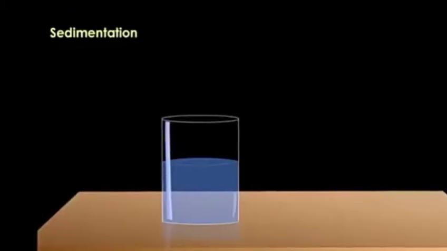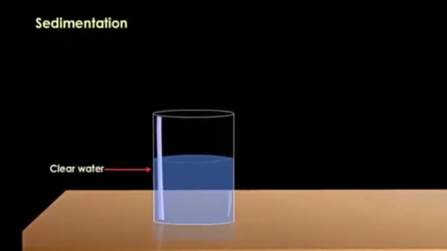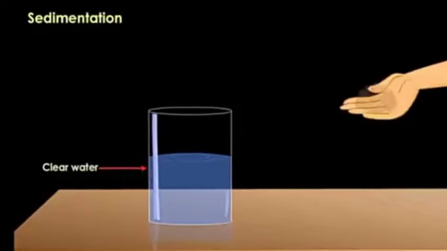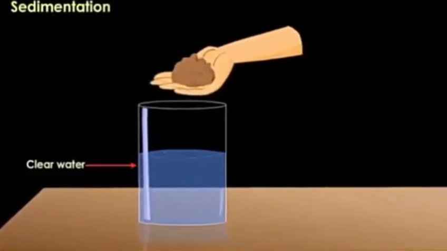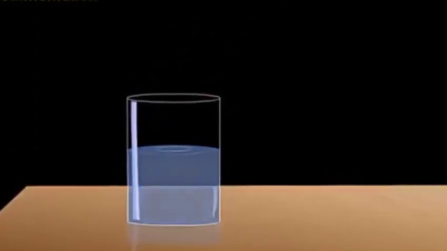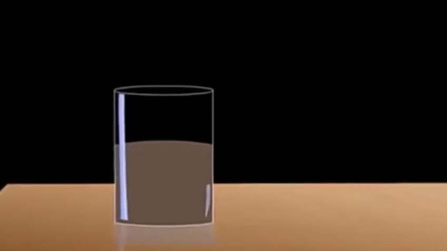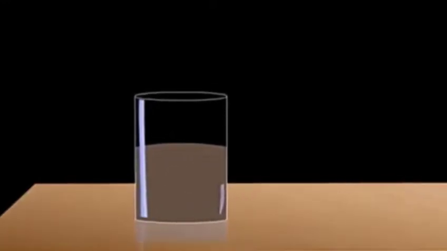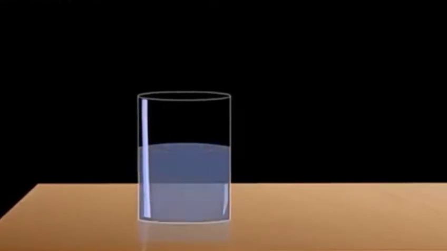Let's move to the activity, and here what we have to do is simply take some clear water in a beaker and add some amount of mud to it. And then we mix it well by stirring. After some time the color of the water will change. It will change to brown. Now keep it undisturbed for some time. And what will you observe?